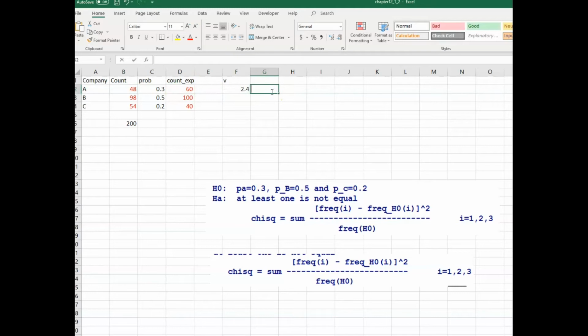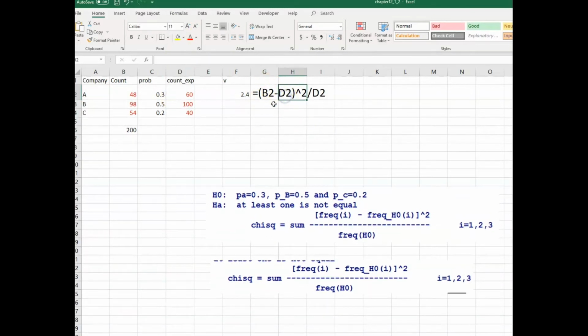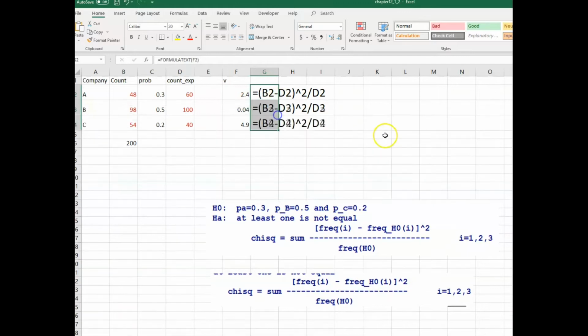Okay, I'm going to use show formula. Again, we can treat this one as error term. Okay, so error squared divided by expected. Okay, then I'm going to copy these.